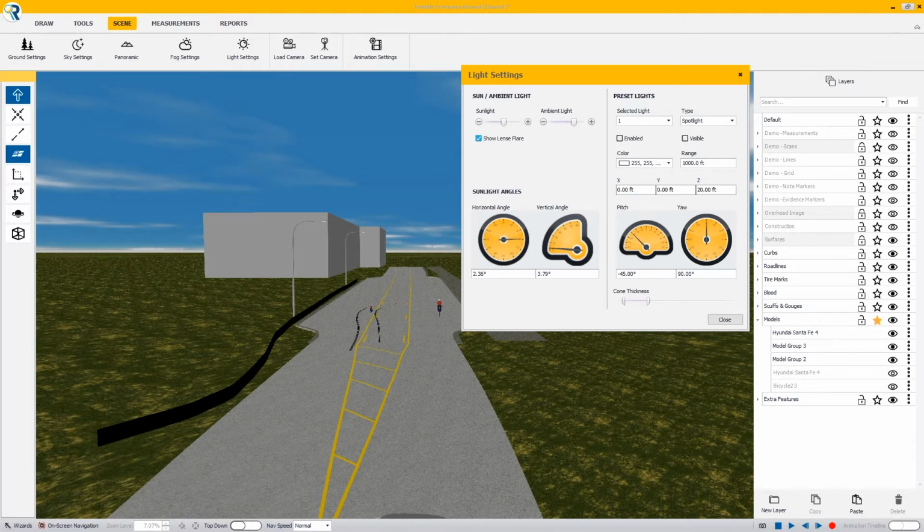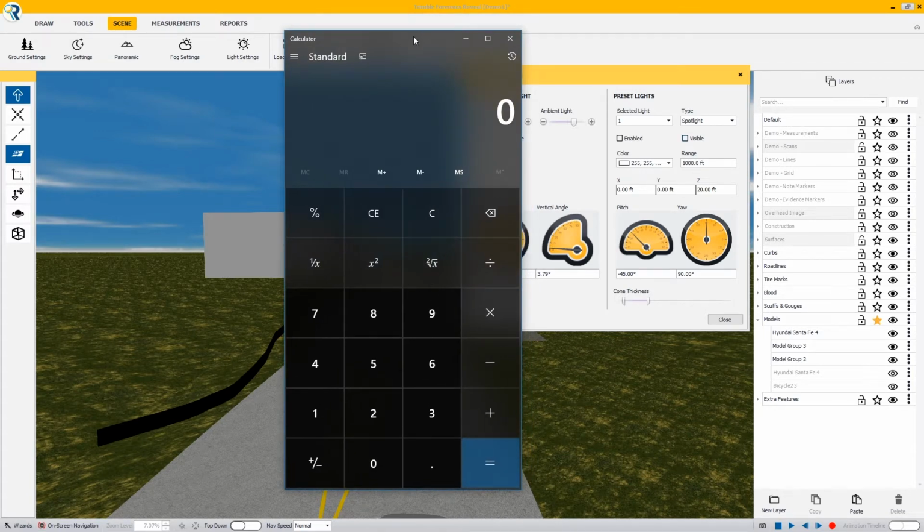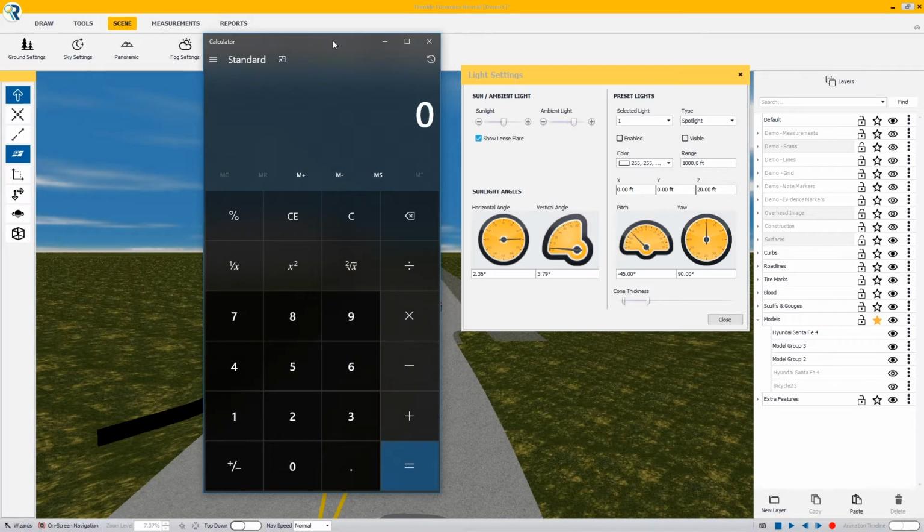So to do the conversion for this, what we'll do is we'll open up our calculator. And our original value, or our azimuth given by NOAA, was 235.8 degrees. So what we do is we take 360 and we subtract 235.8, and that gives us our counterclockwise rotation.